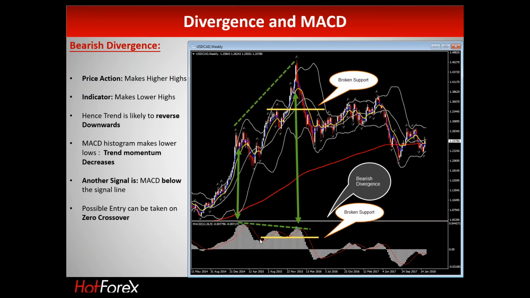If you notice your signal line, the red line, has broken this immediate support level over here, and that also happened with our price action.